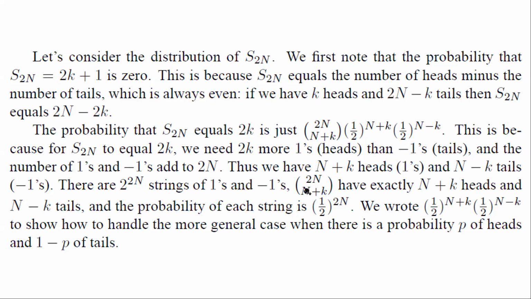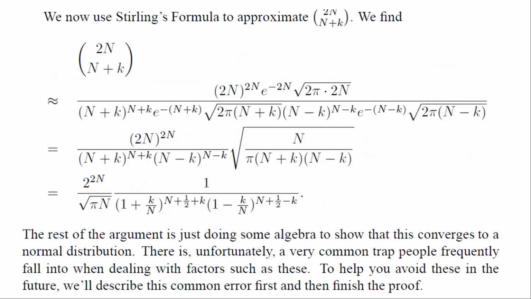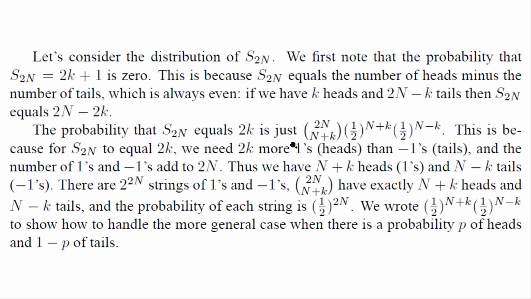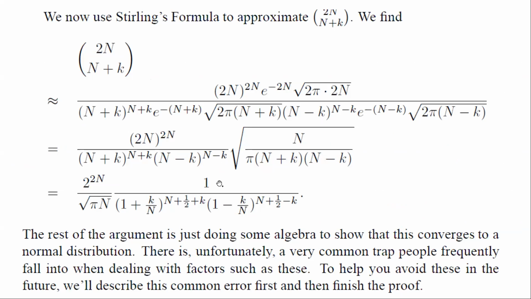The difficulty now is, what does 2n choose n plus k look like? And that's where we just now start to use Stirling's formula. So we take Stirling's formula and we write this as 2n factorial, n plus k factorial, n minus k factorial. We expand everything out and we start doing some of the cancellations. We see beautifully a 2 to the 2n that's going to cancel with the 1/2 to the 2n, great.